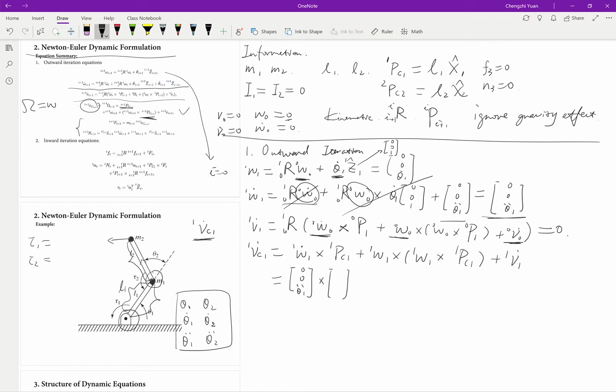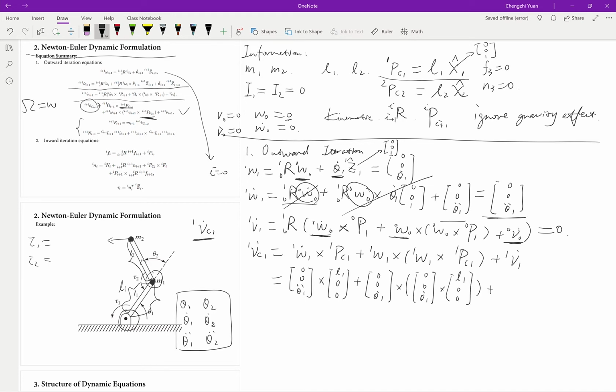Cross product. What is pc11? pc11 is given here, so it equals L1 0 0, along the x-axis. Then we can add omega 11, 0 0 theta 1 dot, cross products, theta 1 dot cross products pc11, which again is L1 0 0.